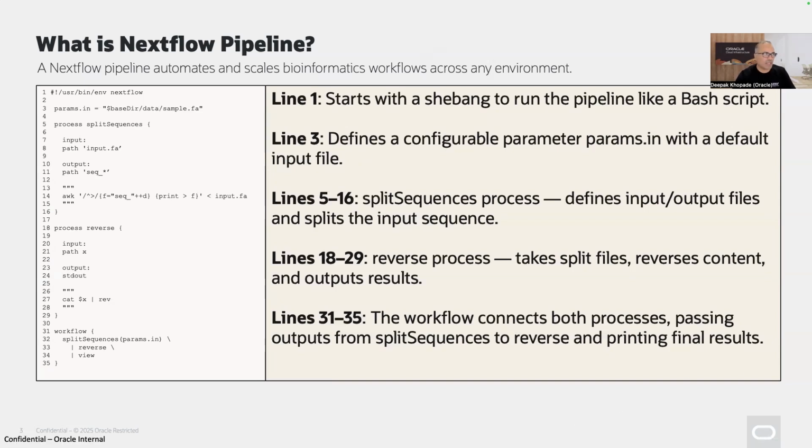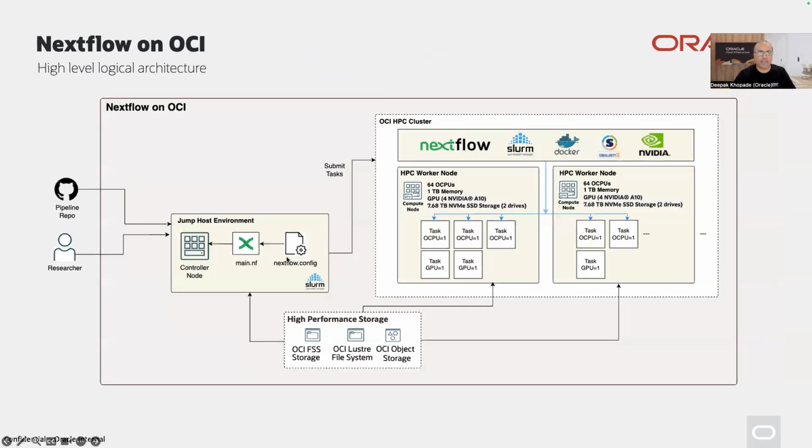So it can get very complex, but this is a very simple attempt to explain what a Nextflow pipeline looks like. Now, our goal today is to see how Nextflow looks on OCI, and this is a very basic architecture I'm trying to explain here. As a researcher, you're trying to get into your cluster, into the login node and the controller node, and then eventually develop or pull the Nextflow pipelines from your GitHub or any repository of your choice.